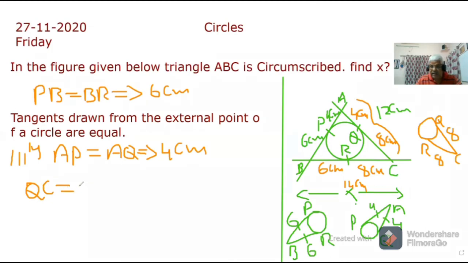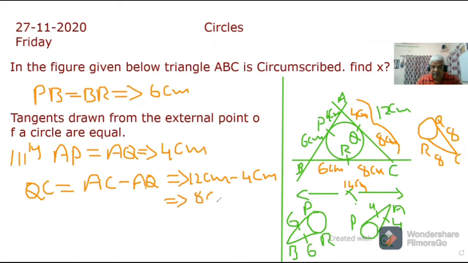QC can be written as AC minus AQ. So from AC we subtract AQ, and then we get QC. AC measurement is 12 centimeters minus AQ, which is 4 centimeters, which gives finally 12 minus 4 is 8 centimeters.